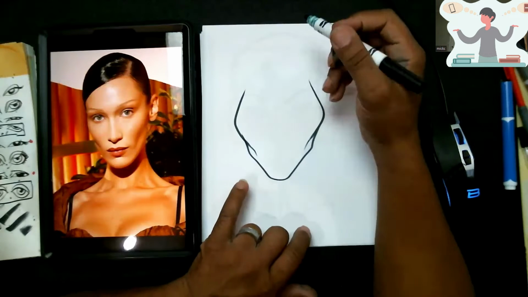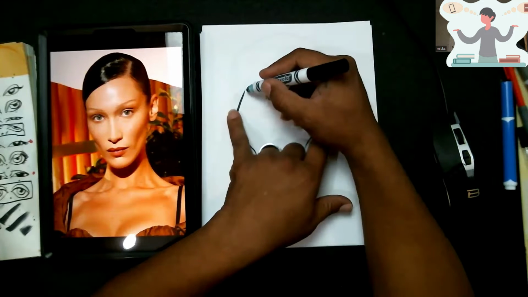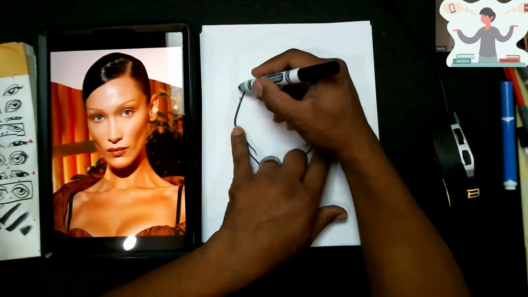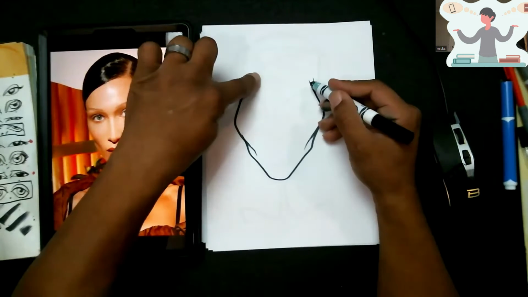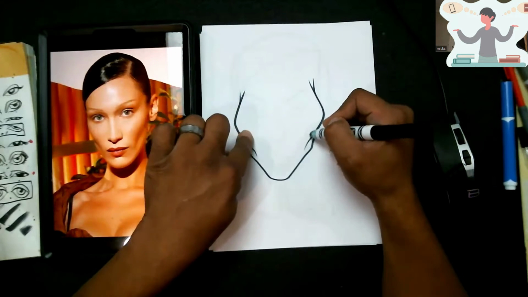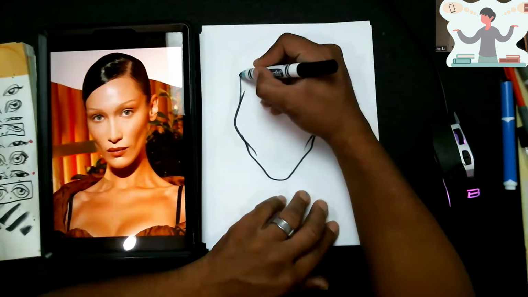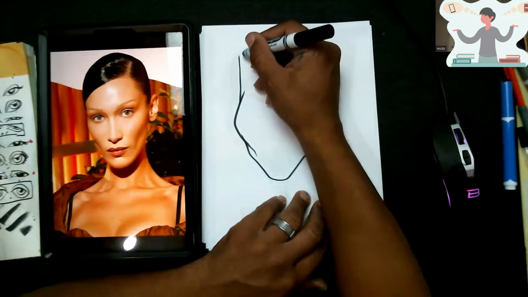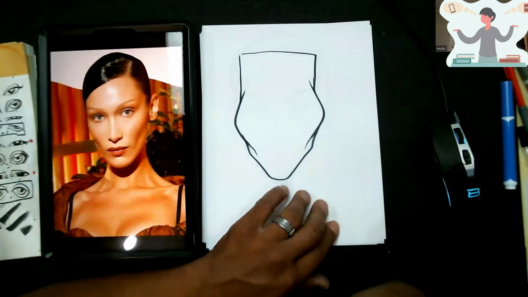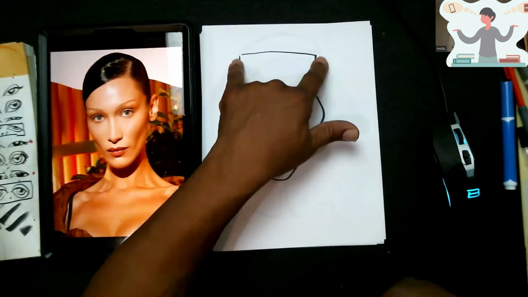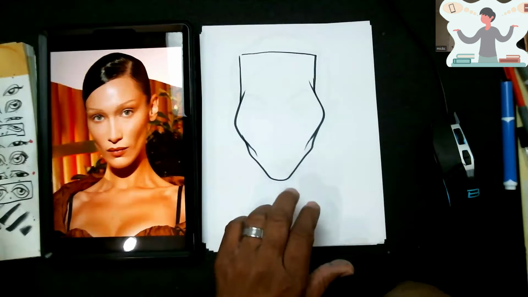What we will do here is start from somewhere not right on top of this line, but somewhere around right here, because we want this shape to curve in the face shape and then back in the face shape. From here, this is where we're envisioning that triangle shape or wide forehead shape, meaning this part of the head should be wider than this part of the face because it's a triangle.